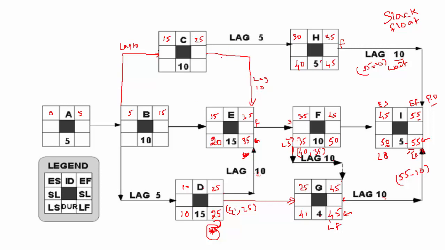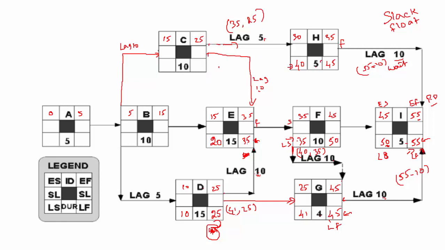All right, now let's do C here. If you notice, there is one arrow here, so we need to calculate. Let's do this arrow first. In this arrow, 40 minus 5 would be 35 comma, this will be 35 minus 10, which is 25.